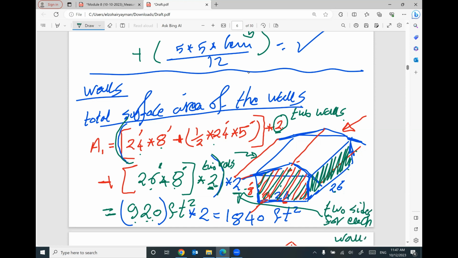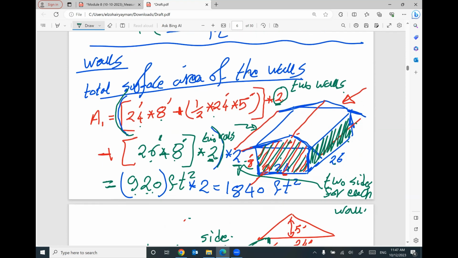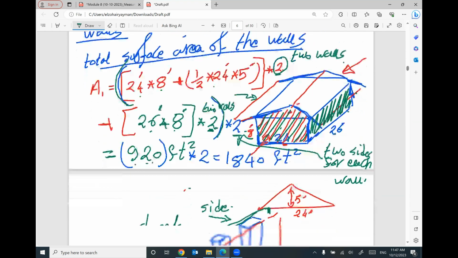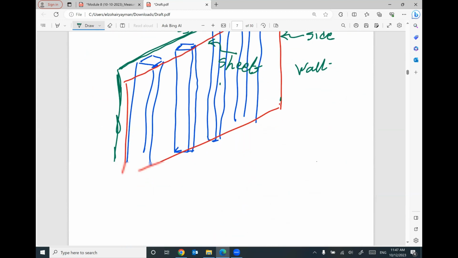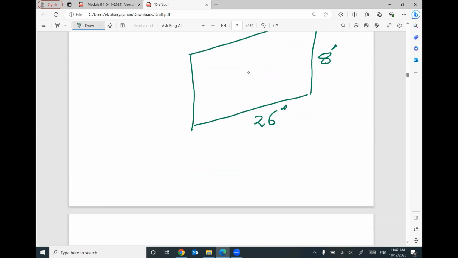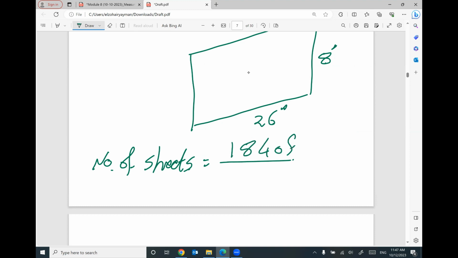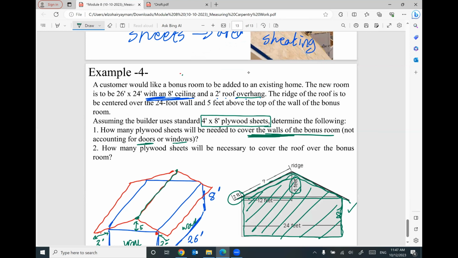So the total surface area will be 1,840 square feet. So how many sheets we need to order? The total surface is 1,840 square feet. This total surface area will be divided by the surface area of one sheet.